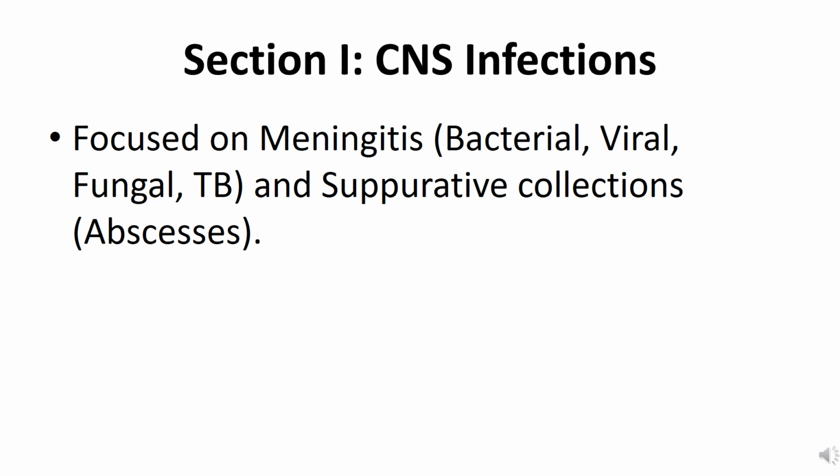It may arise from bloodstream spread, nearby infections such as sinusitis or otitis media, or direct trauma. Patients may present with headache, fever, focal neurological deficits, or seizures. Because symptoms can be subtle at first, maintaining a high index of suspicion is crucial.